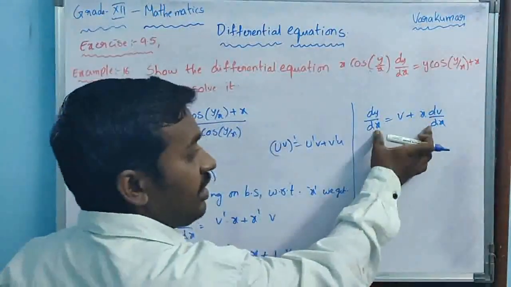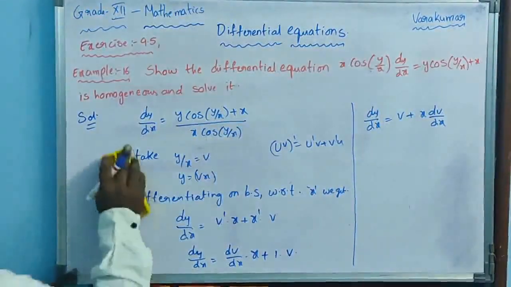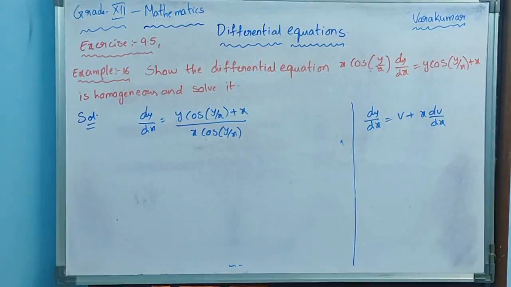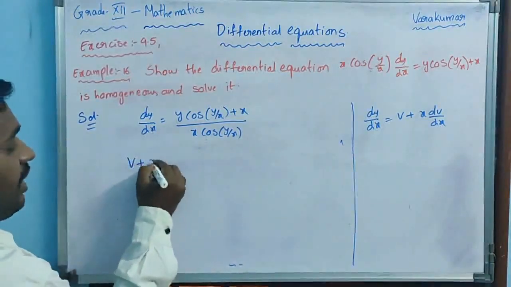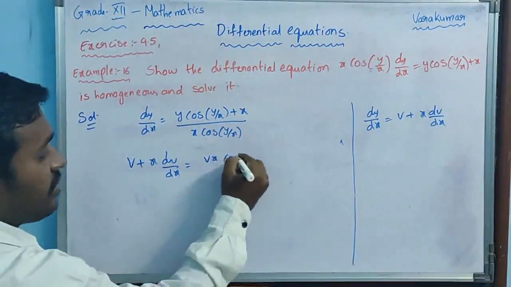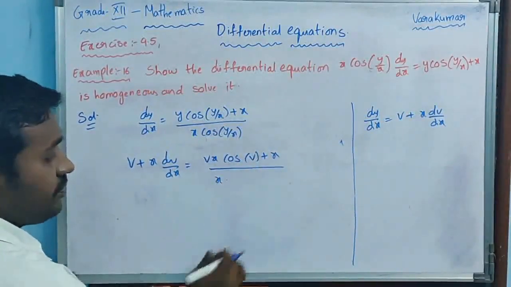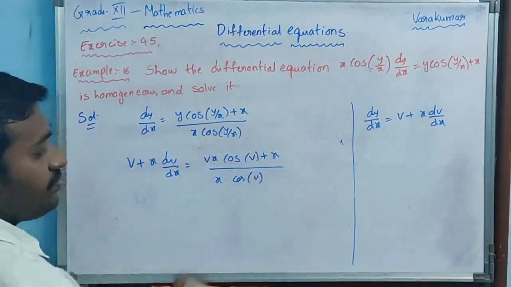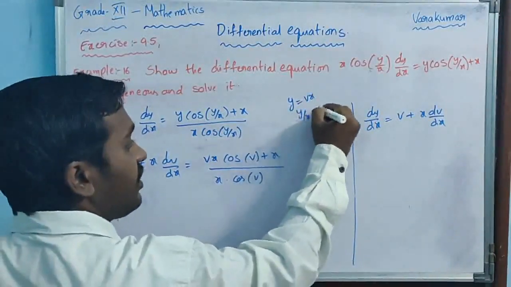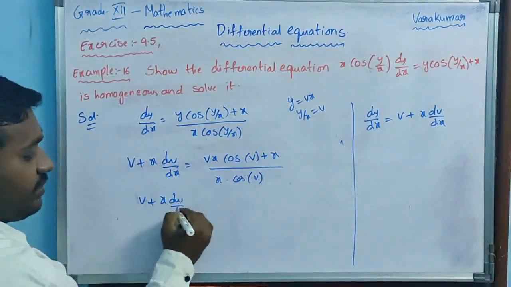So now v + x dv/dx = (vx cos v + x) / (x cos v), since y = vx, or y/x = v, and we substitute that.